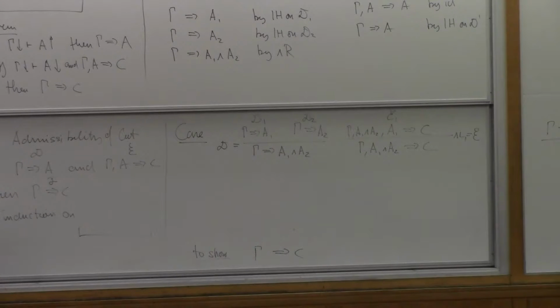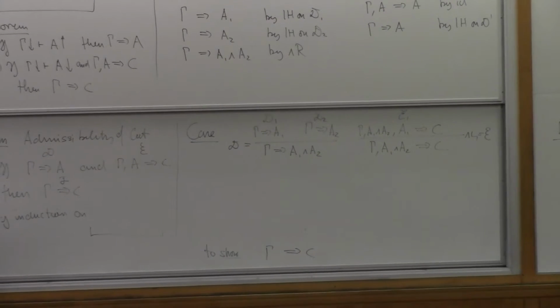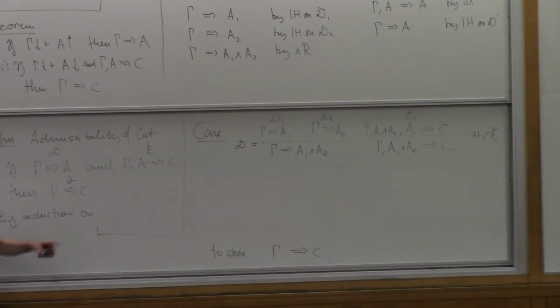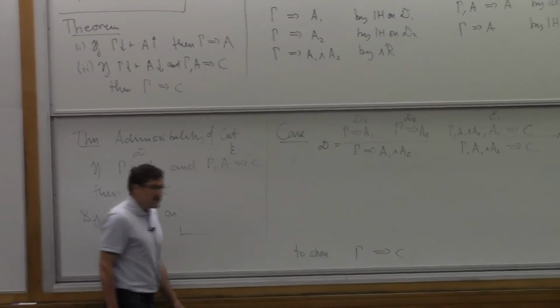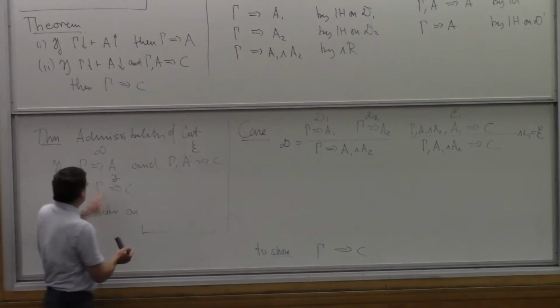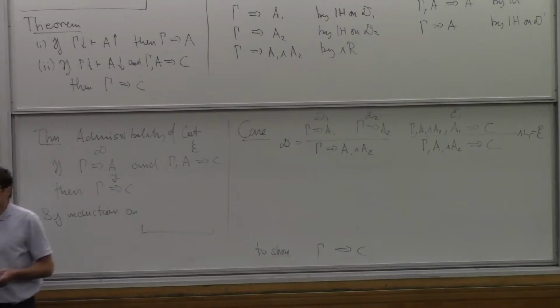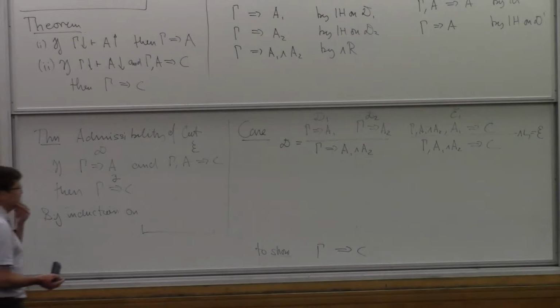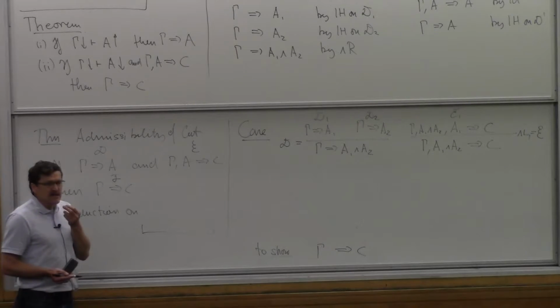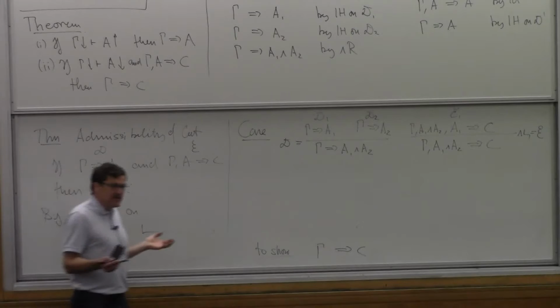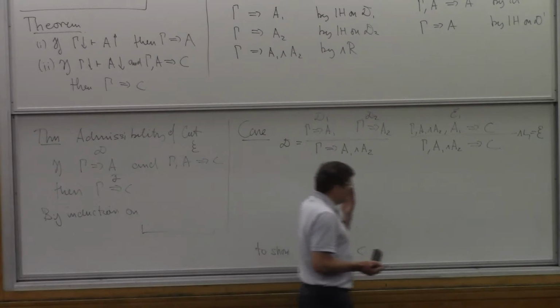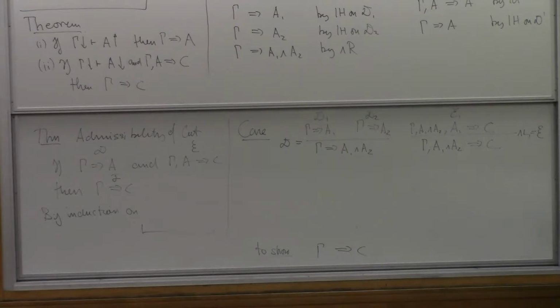All right, so now the question is, we don't know the induction measure, but we could ask ourselves, if you think about this as a transformation from this and this to that, is there some way we can apply the induction hypothesis potentially? So what are the potential ways that we could apply the induction hypothesis, not even knowing what it is? Any thoughts on what we might be able to do?